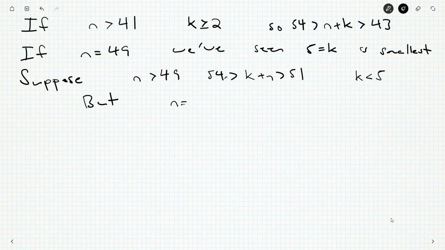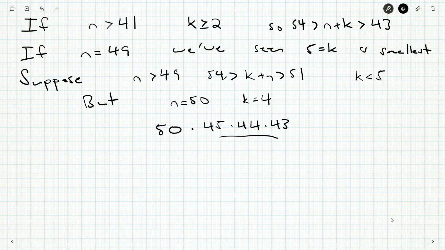But for n equal to 50 and k equal to 4, you'll get 50, and then k minus 1 terms, so you get 45, 44, and 43, which has no 41.